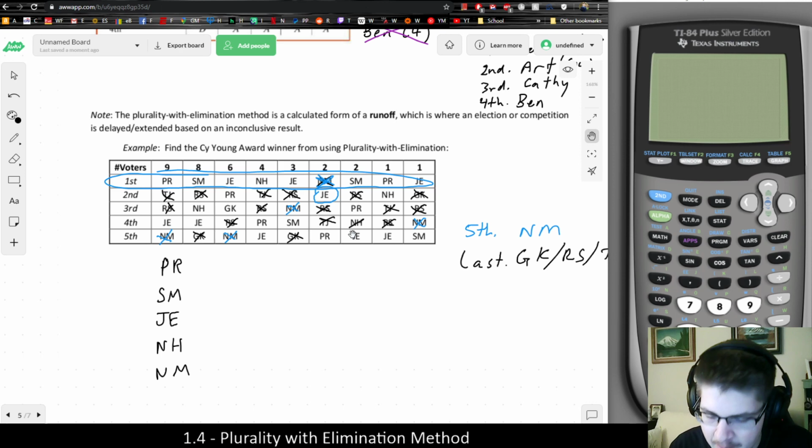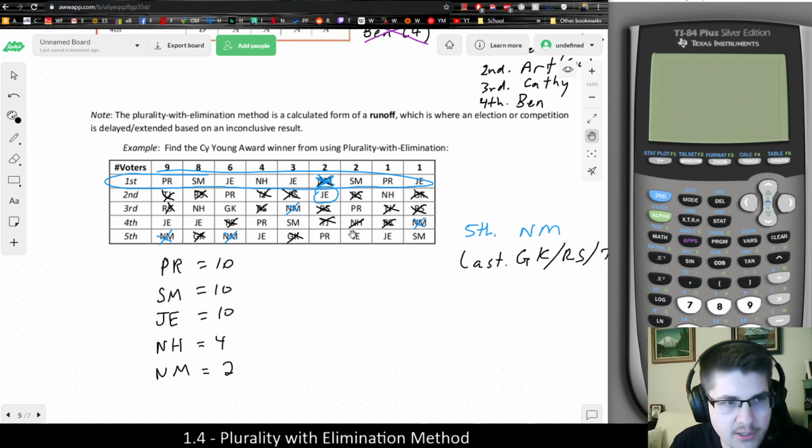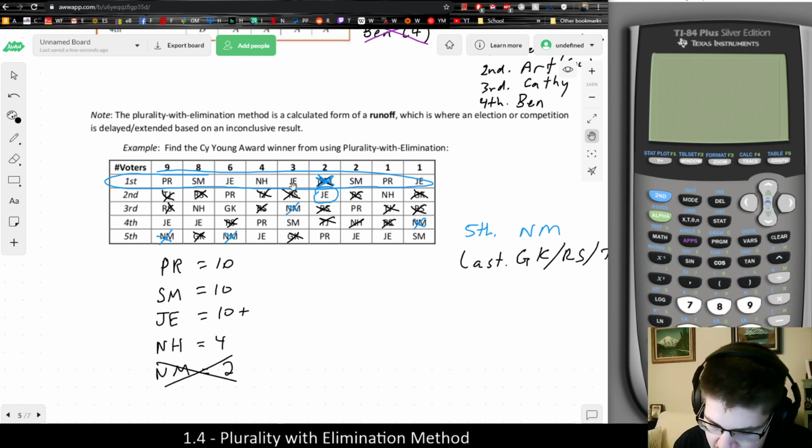So I started doing it and teaching it too. Basically, NM had 2, NH had 4, JE, and SM. So I could start by writing down my plurality totals, and that way I can say, okay, NM is going to be eliminated, and then think about who's going to get those 2 votes. In that case, it would go to Joe Everyman, JE, and I can keep track of the updated tally as I'm going.